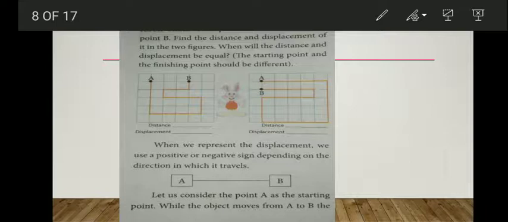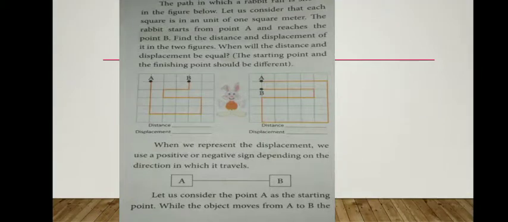Okay, so what are this A and B given here? A is the starter and B is where it is moving, so the displacement is A to B. That is considered as positive.